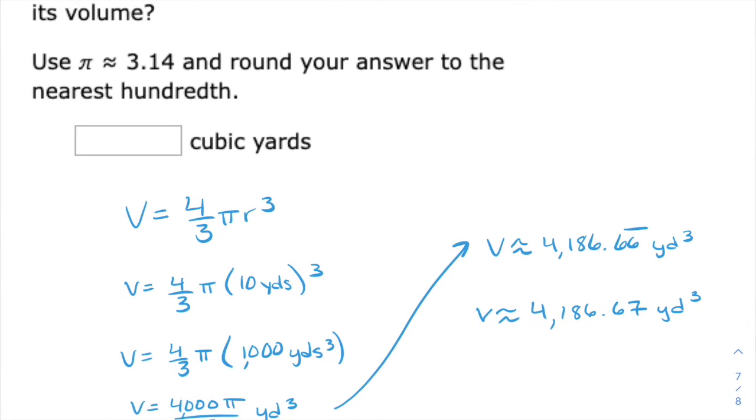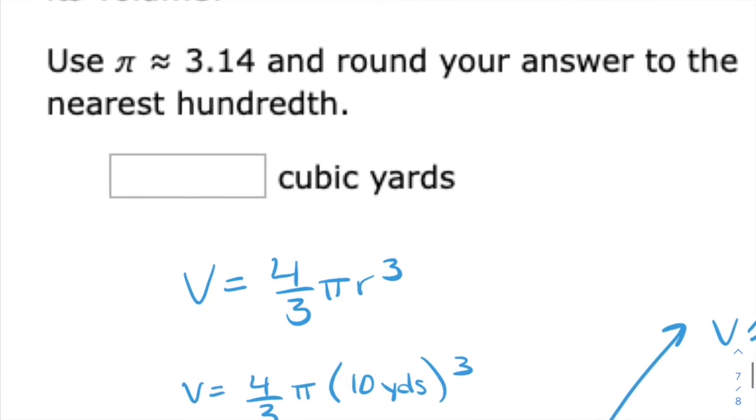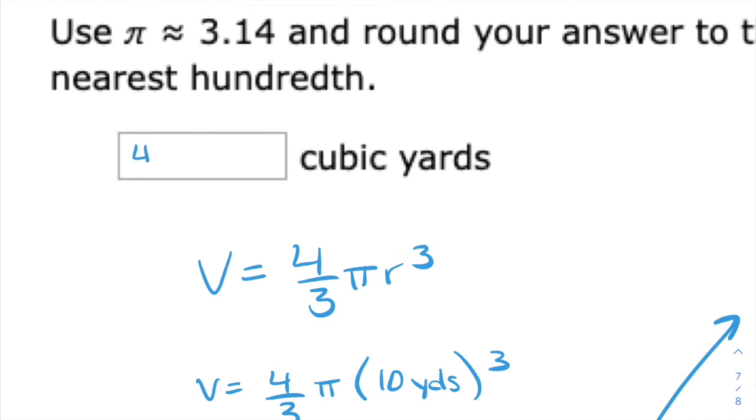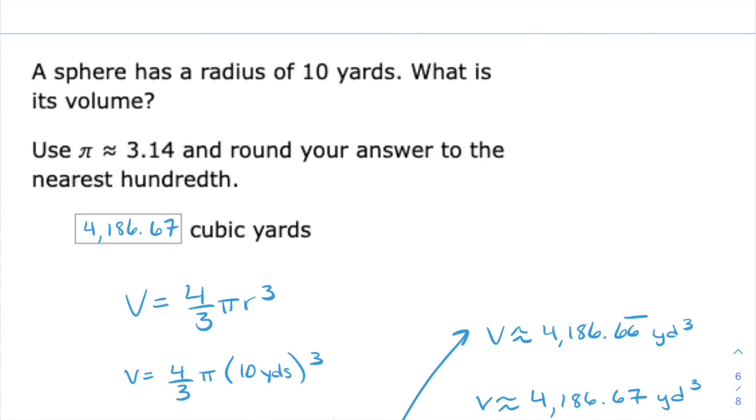Okay, 3.14. Let me just check. Yep, so I got the same thing by doing it again. So it's 4,186.67 cubic yards. Again, you want to make sure you round to the nearest hundredth, or else this question will not go through as being correct.